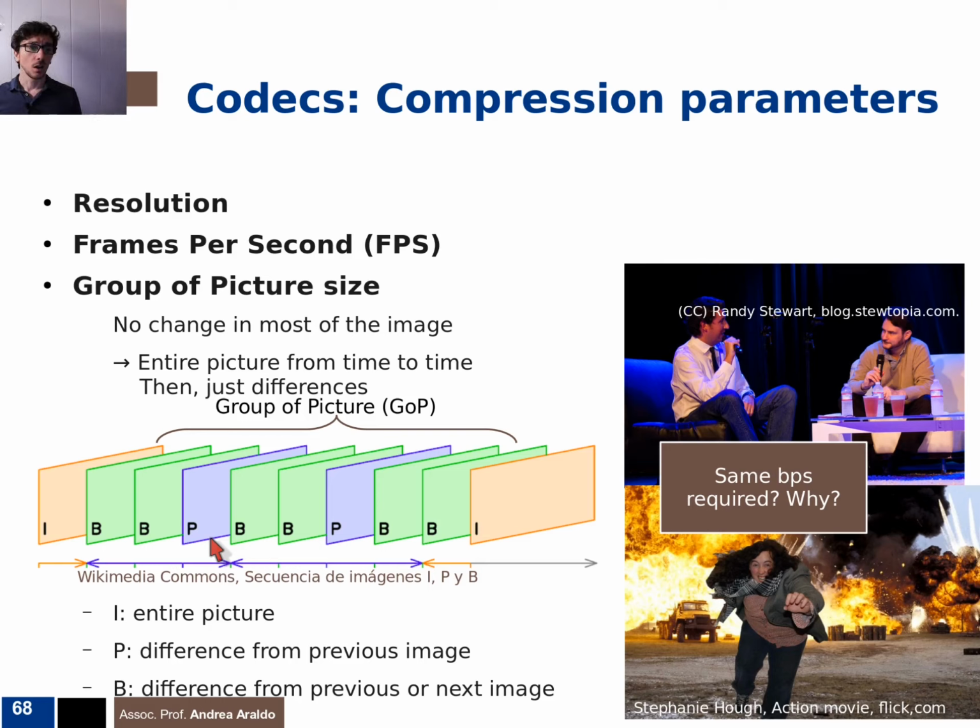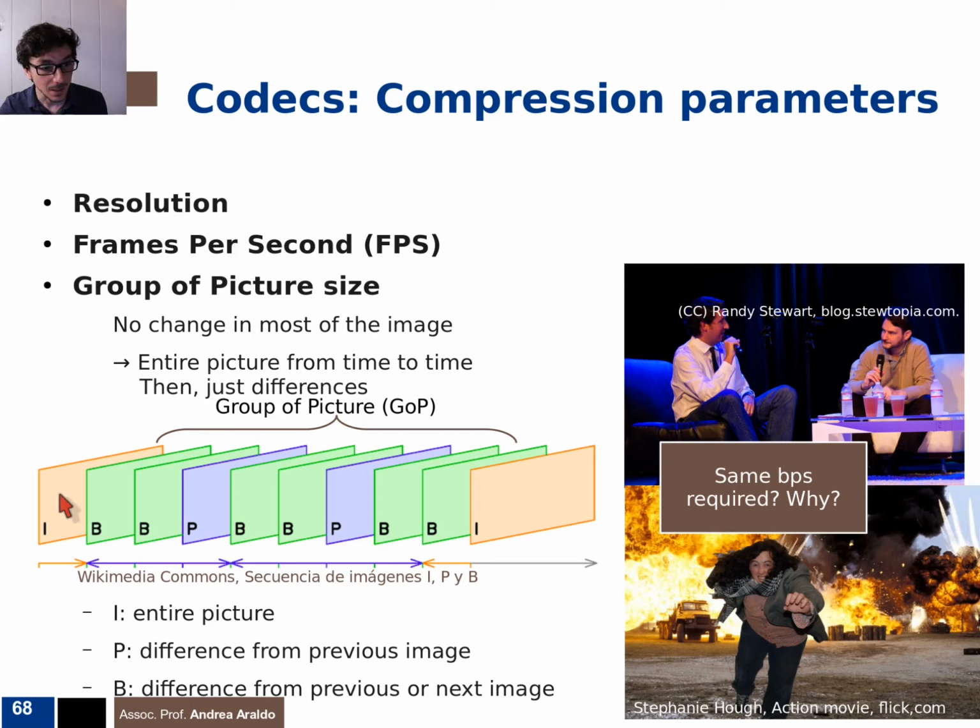So, for instance, if you are encoding a video of a talk show like this one at the top, most of the image doesn't change. What changes is just the hand of the presenter, a bit of the face of the people there, but most of the picture doesn't change.